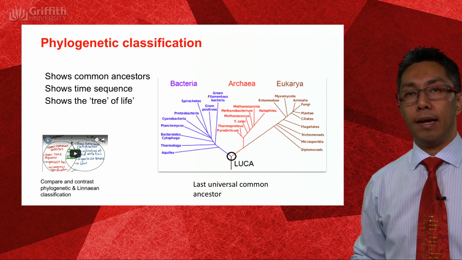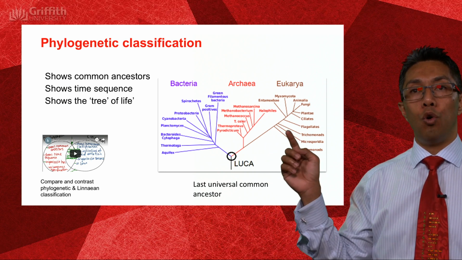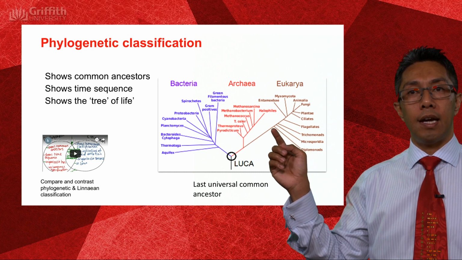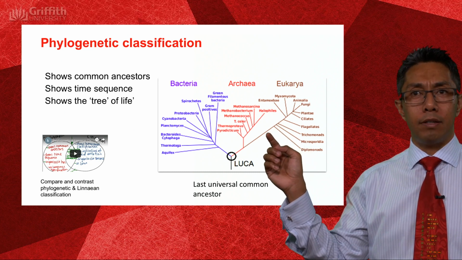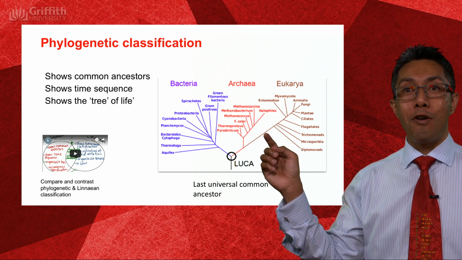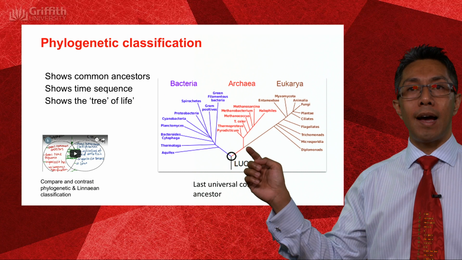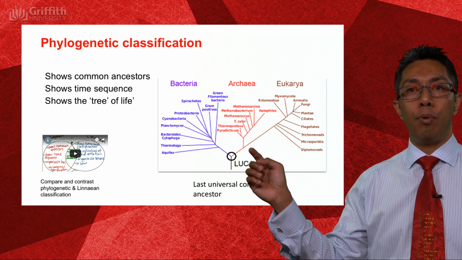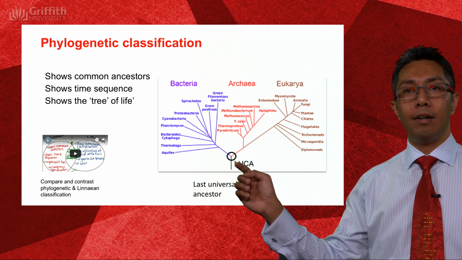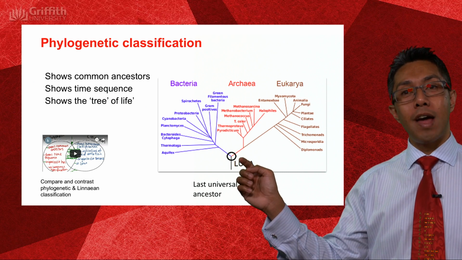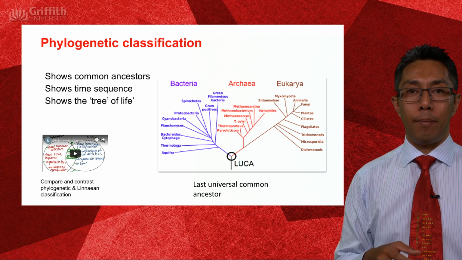Now if we trace that all the way back, so these guys, the flagellates, the trichomonads and so forth, all the way down here. So we broke off with archaea at that point. Go back even further down here, we have what's known as the last universal common ancestor.